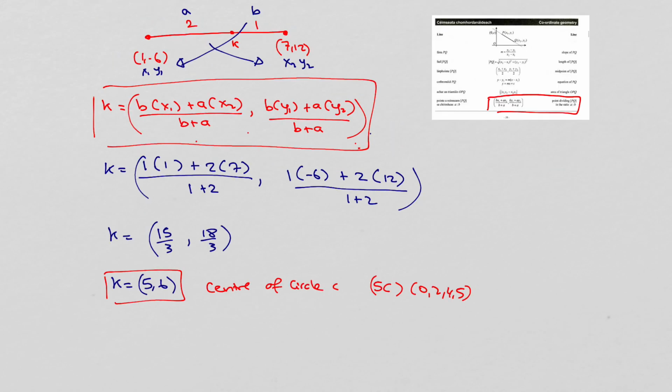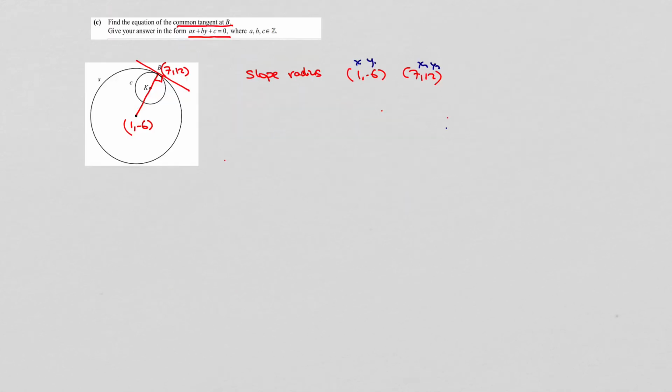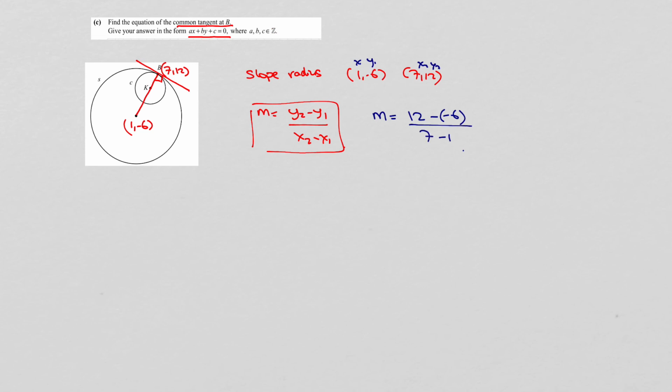And again, if we go back to our tables, we can see our slope here on page 18. We know that our slope is y2 minus y1 over x2 minus x1. So subbing in our values, we have m is equal to y2 minus y1 over x2 minus x1.